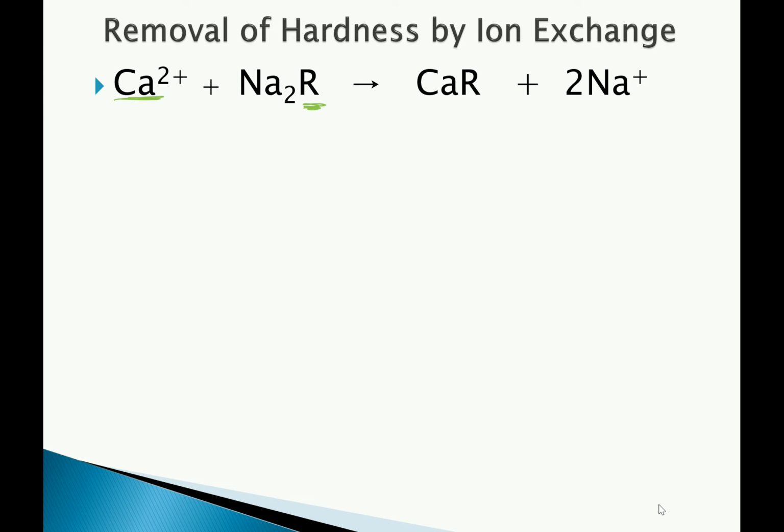And attached to that plastic resin are sodium ions, which don't cause water hardness. And when the water that is hard, that has calciums, is passed over this resin, the calciums and magnesiums get swapped for sodiums. So the calcium and magnesiums end up being attached to the resin, while the sodiums now flow out with the water. So the water is no longer hard because the calcium and magnesium is gone and has been replaced with sodium, which does not cause water hardness.